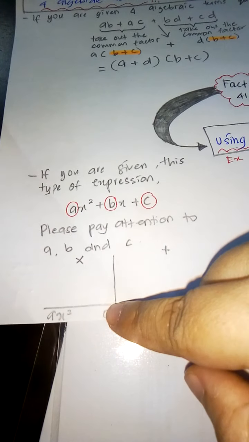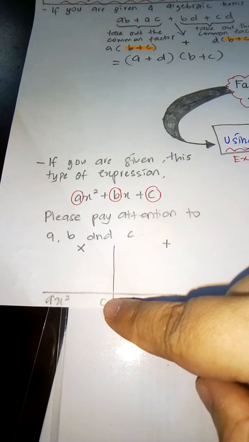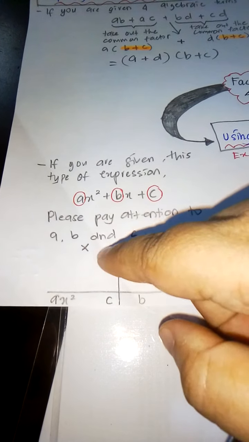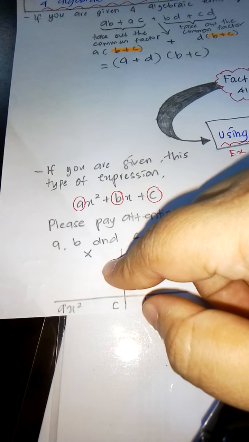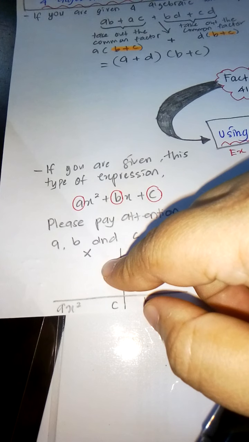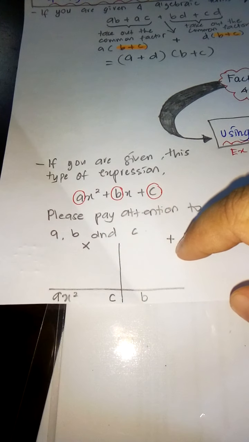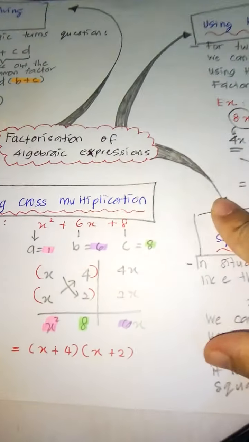The second one is not b but c. Here it becomes there, and then the b must be here. Those who had been put here, all the arithmetic operations are multiplication, while the others here will be addition. We look at the example.